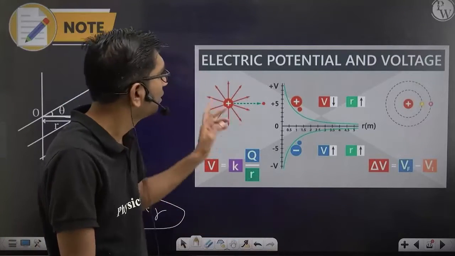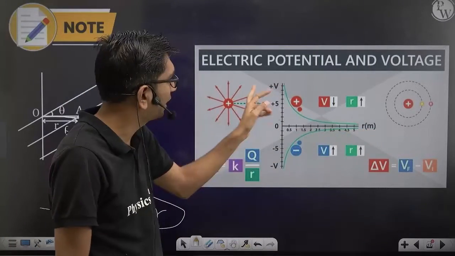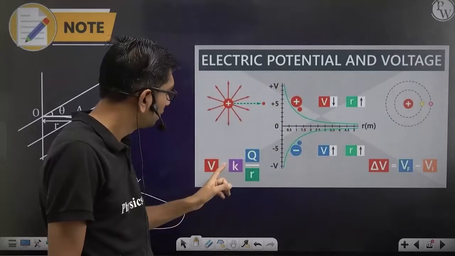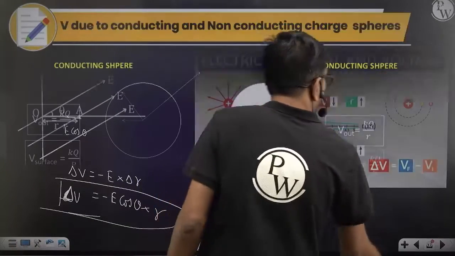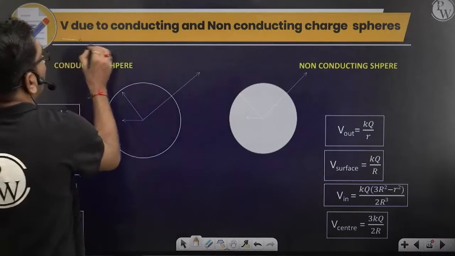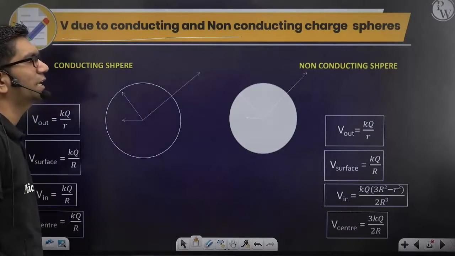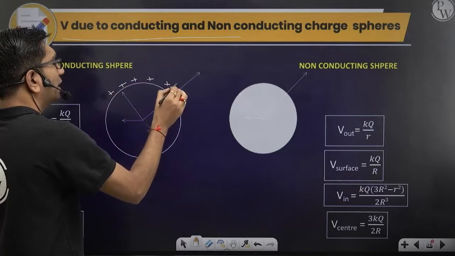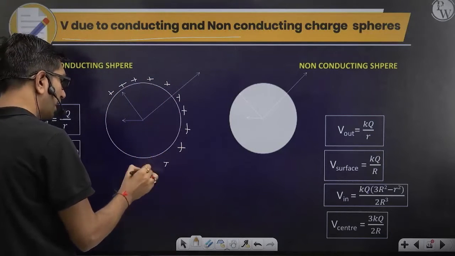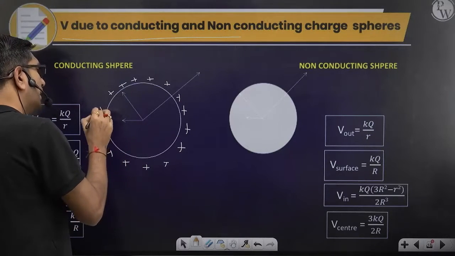See here, for a positive charge, the graph of potential versus distance looks like this. For a negatively charged one, you will get it like this. Next, potential due to conducting and non-conducting charged spheres. For a conducting sphere, charge will be present on the surface, not inside the sphere.